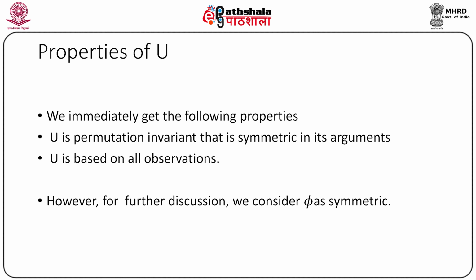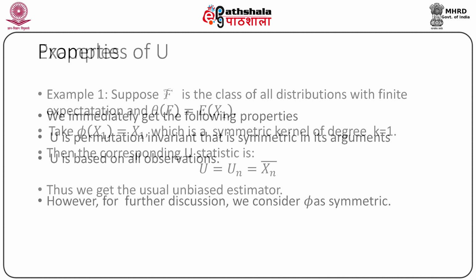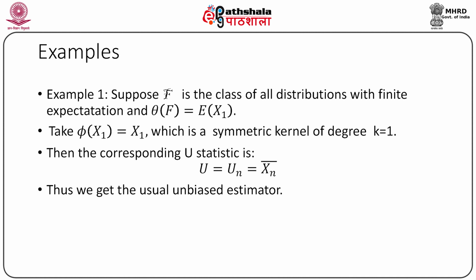Let us illustrate the concept with some examples. Suppose the functional of interest is the expectation of x. Since the functional is an expectation of a random variable, we take the kernel as phi x1 equal to x1. Then phi is by definition symmetric and of degree 1. The corresponding U-statistic is naturally x bar, the sample mean, actually the usual unbiased estimator.